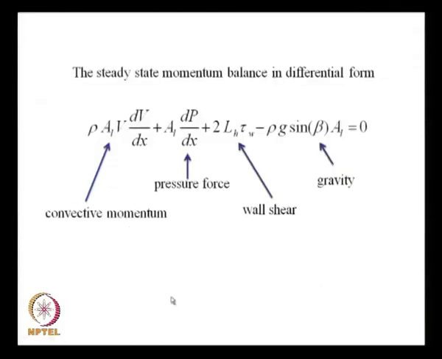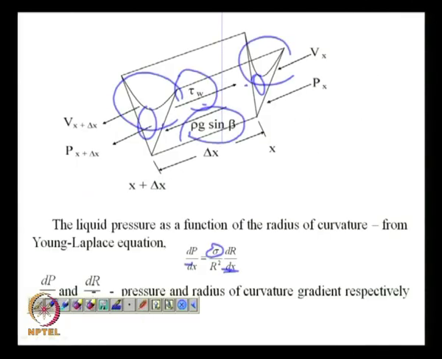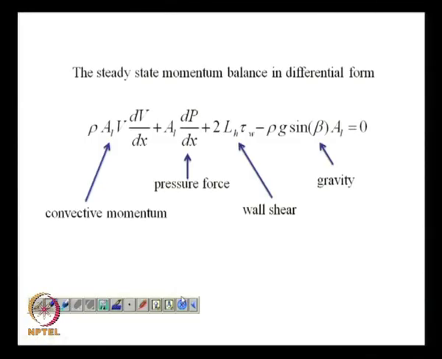Okay. So, we write the momentum balance using the differential element that I have shown. It is going to be a balance at steady state. It is going to be a balance between the convective momentum transport because of the presence of this V, the pressure force where dP/dx arises due to the change in curvature, and the change in curvature is going to create a pressure gradient.